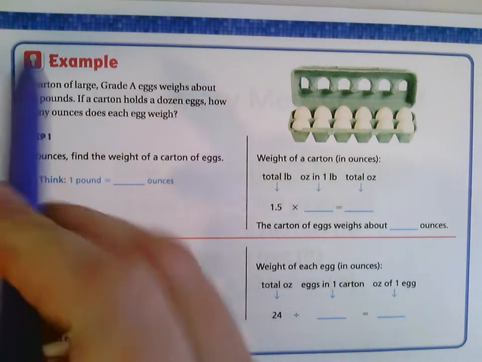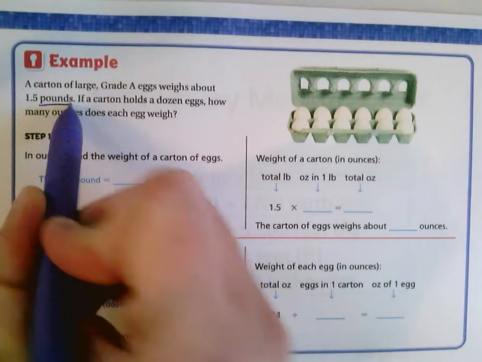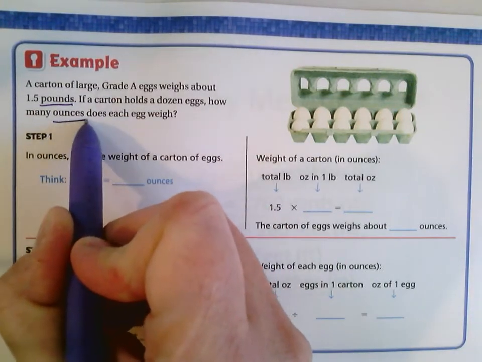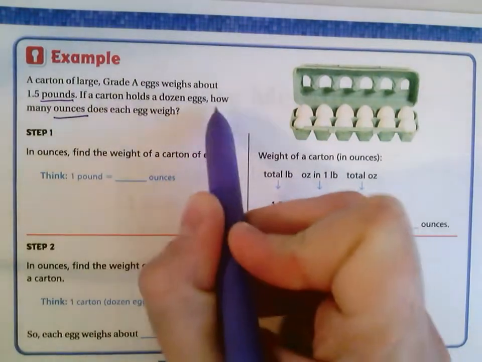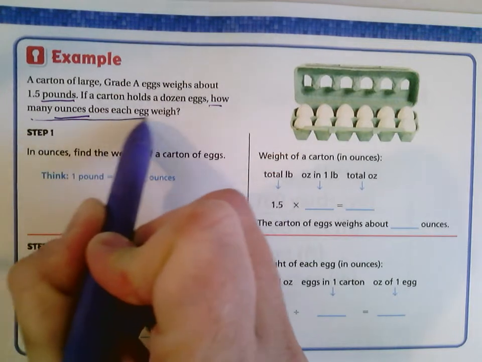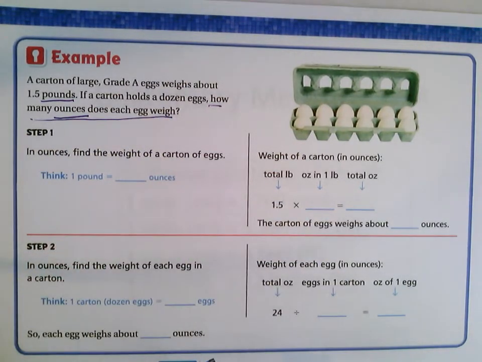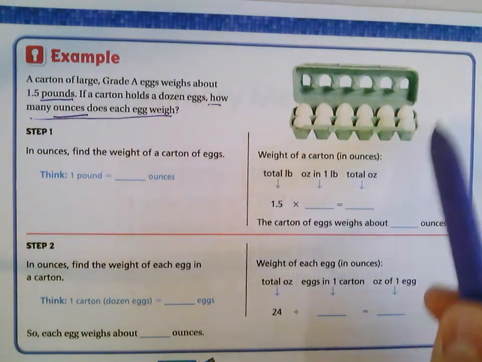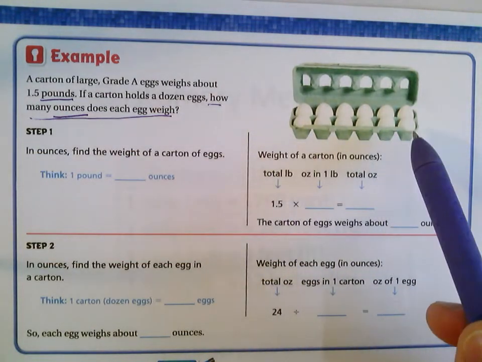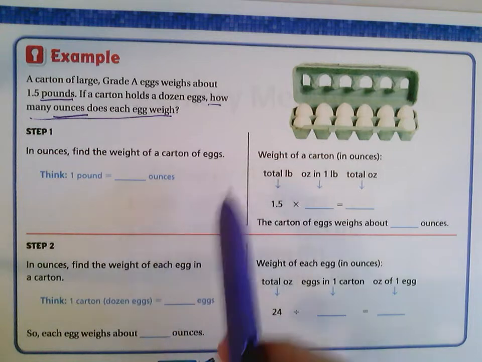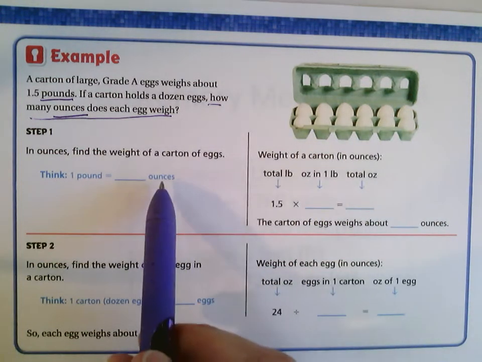So first thing we notice is that we're starting with pounds and we're changing to ounces. And we want to know how many ounces each egg weighs. So the first thing I want to do is figure out how many ounces is the whole carton. So we're going to think about the whole carton of eggs and we want to do it in ounces.